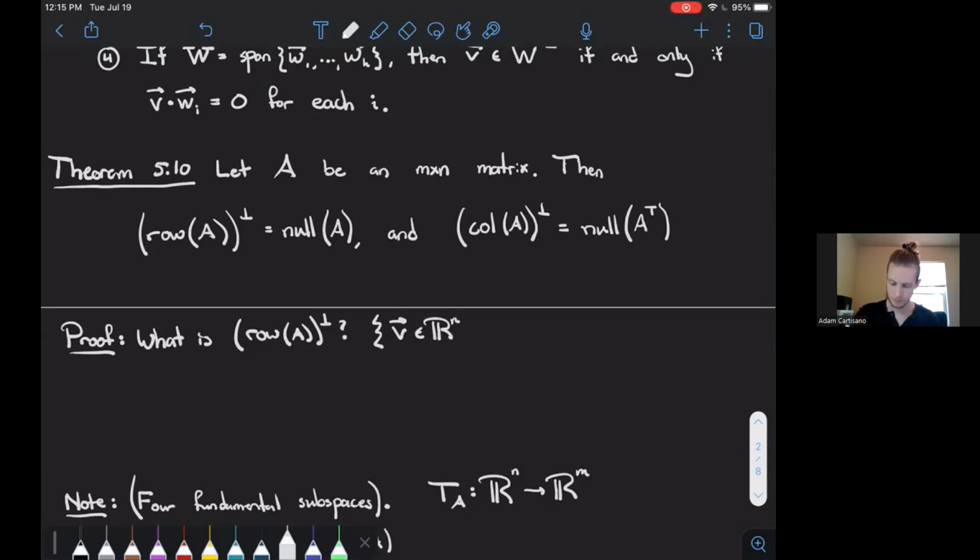N, because we have to have a column vector with as many entries as there are columns in A, which is n. So the set of all column vectors V in Rn such that V dot row i of A is 0.